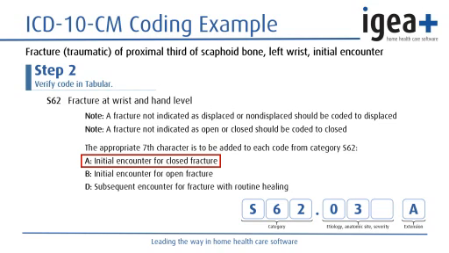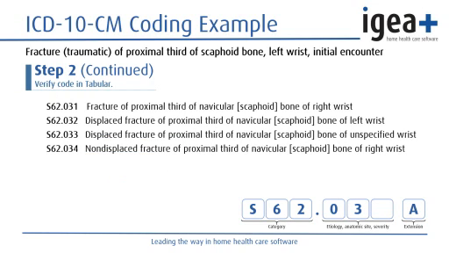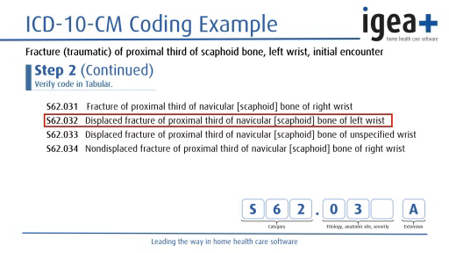All right, so as seen here, there are more characters to the correct code assignment than the 5 characters initially shown in the index. The correct code for an initial encounter for a traumatic fracture of the proximal third of the scaphoid bone for the left wrist is S62.032A, which is displaced fracture of proximal third of navicular scaphoid bone of the left wrist.